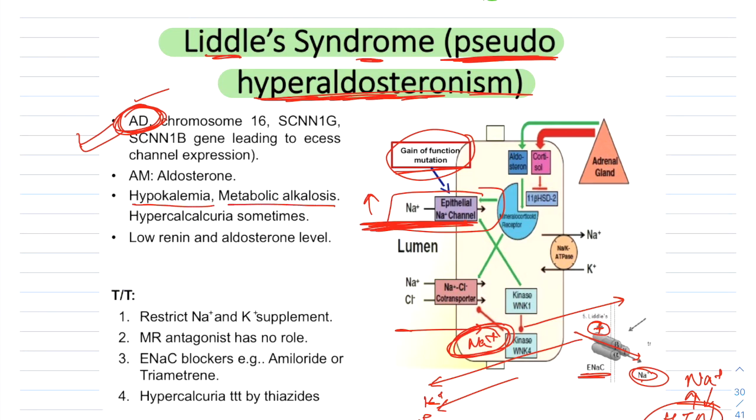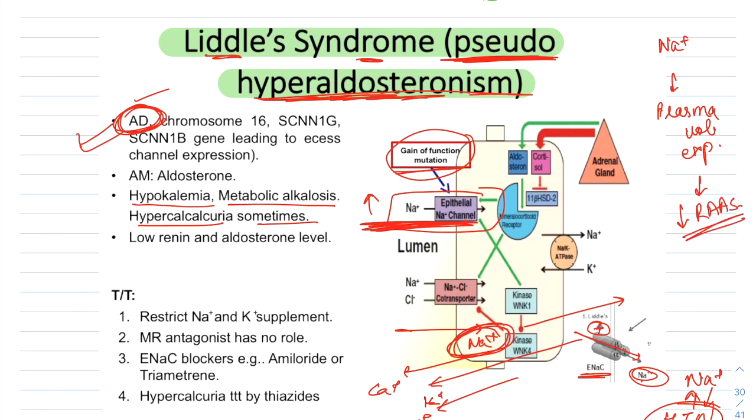Also, calcium is lost in the urine, causing hypercalciuria sometimes. Because of excessive sodium reabsorption, as I've told you, plasma volume expansion occurs. This causes the depression or decrease in the RAS mechanism, that is the renin angiotensin aldosterone system, and this causes low renin and low aldosterone levels.